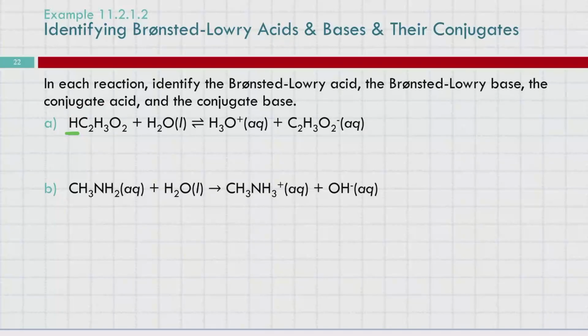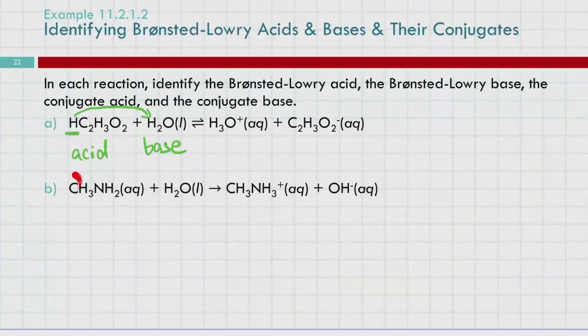So HC2H3O2 is our acid, and we can tell because we've got C2H3O2 minus on the right side. It's gotten rid of that H that was in front, and water picked it up. So our acetic acid is giving a proton to the H2O, and it's becoming H3O+. Since H2O is receiving the proton, it's accepting the proton, it's the base.